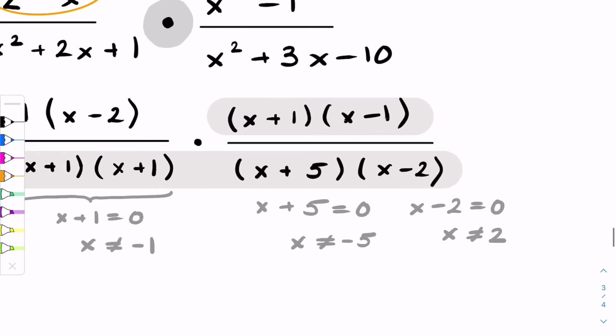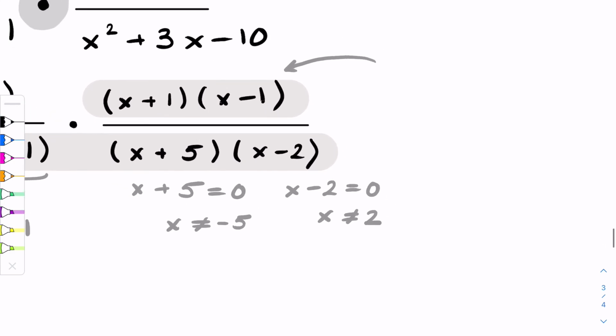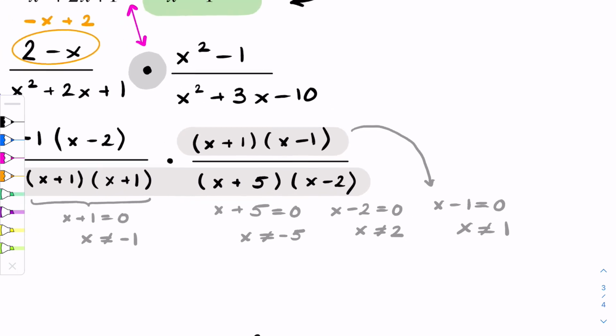And then this numerator. So here we have a factor of x plus 1, but we already actually listed that down here. So I'm not going to relist that. The only thing I need to list is my value of x minus 1 for my domain restriction. So I'm going to list that over here, giving me a restriction that x cannot equal positive 1.